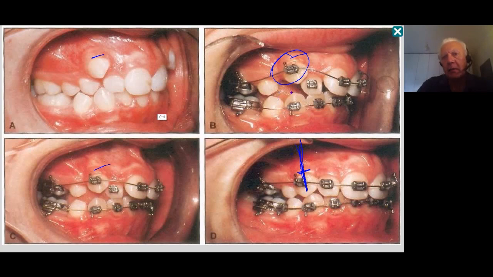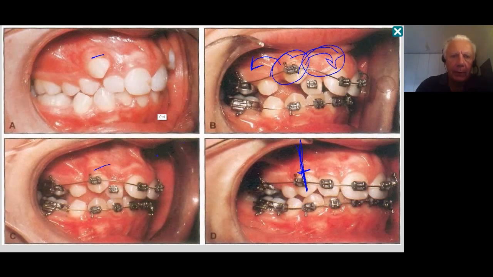It is hard to predict, but as you see here we have two geometries. The geometry on this side gives a moment like this. The geometry on this side gives a moment in this direction. And it's hard to say which is the largest. So we will see during the treatment, and we see that this canine has become more vertical, thus meaning that this moment was bigger than the other one.